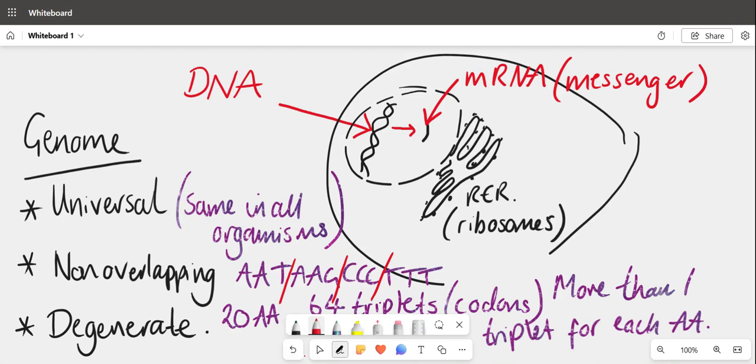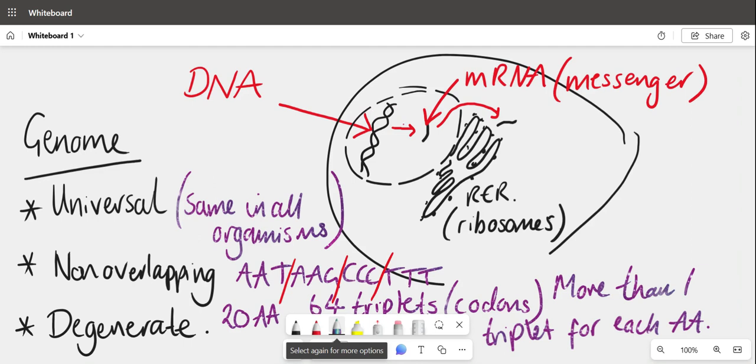Now, one gene is the instructions for coding for one protein. And we only need to make one protein at a time. So we only need to copy one little section of DNA at a time, one gene at a time. And then that little tiny piece of genetic material, that mRNA, is small enough to get out through the nuclear pore and to come out here and join onto a ribosome in order to make the protein.